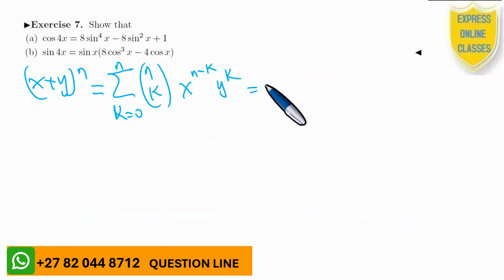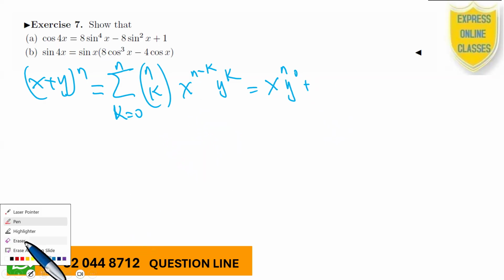And then it is the same as you start with x to the power n, y to the power 0, and so on, obviously with some binomial coefficients.